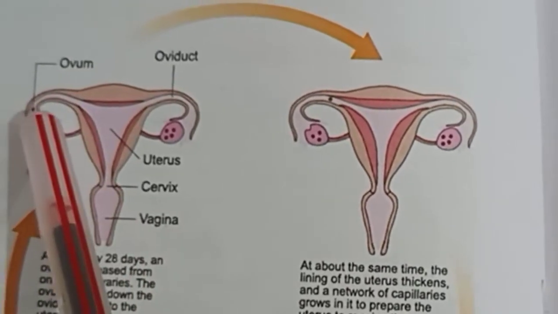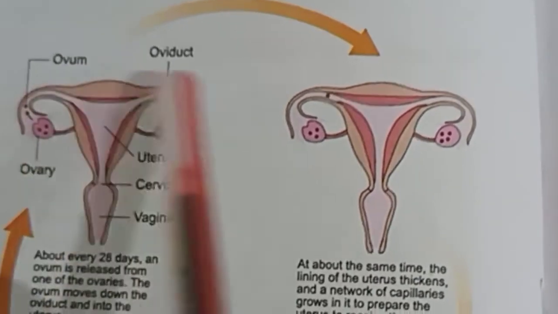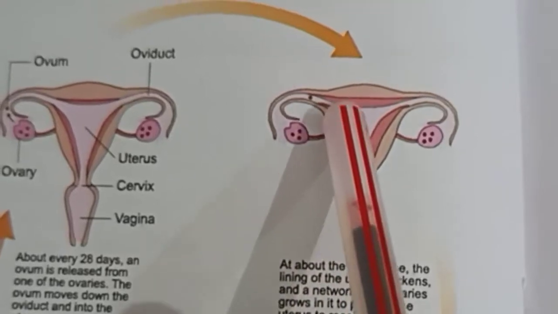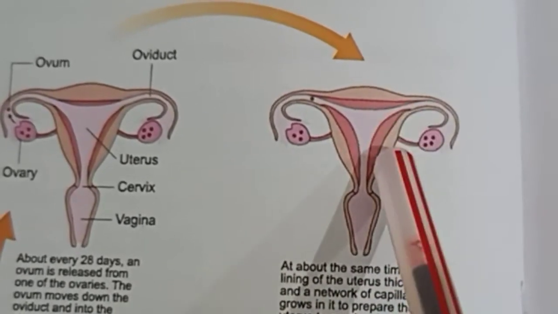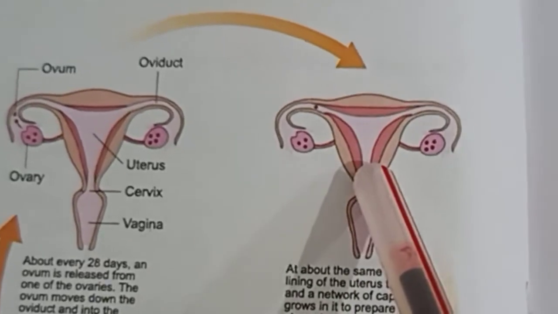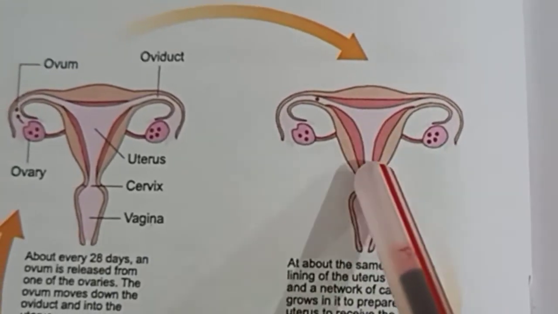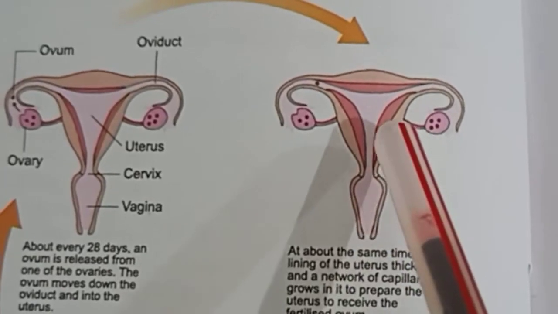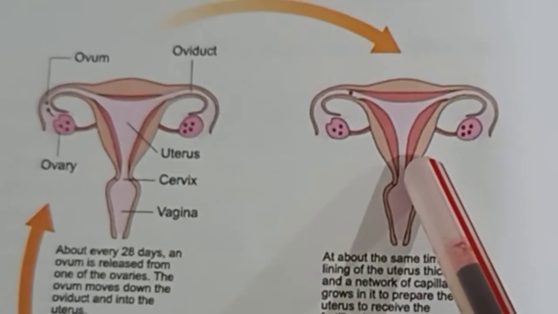When this egg is released, at the same time the inner lining of the uterus wall gets thickened, and a network of capillaries grows here, preparing the uterus to receive the fertilized egg.